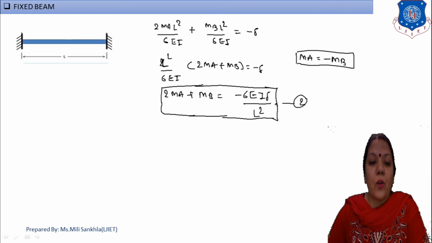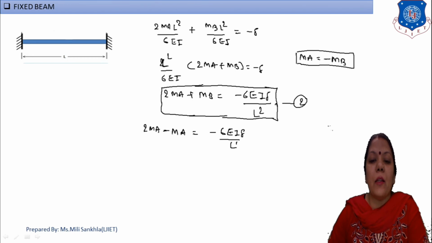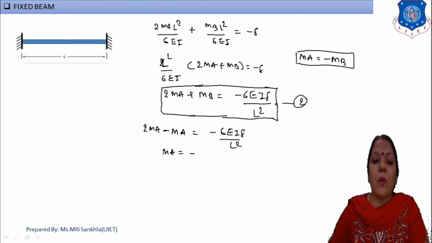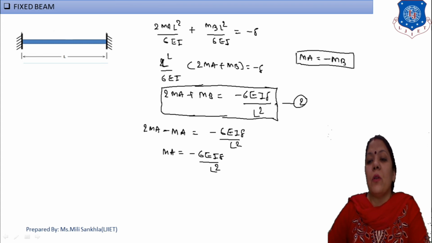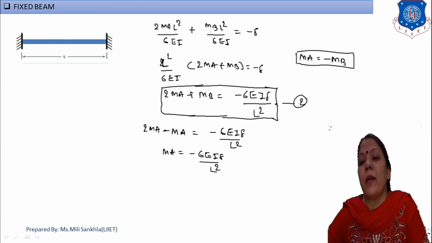Okay, now 2 MA minus MA is equal to minus 6 EI delta by L square, and my answer is MA is equal to minus 6 EI delta by L square. Because the relation says that MA is equal to minus MB, here we can write also MB is equal to minus MA.